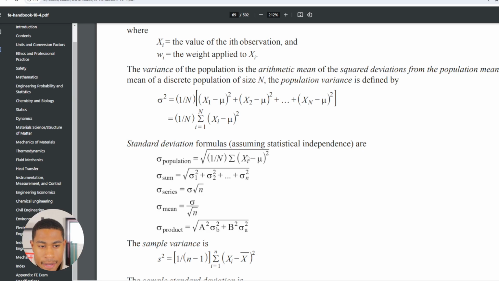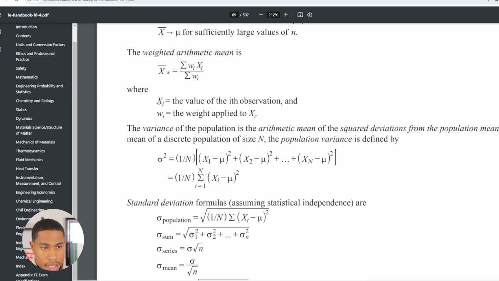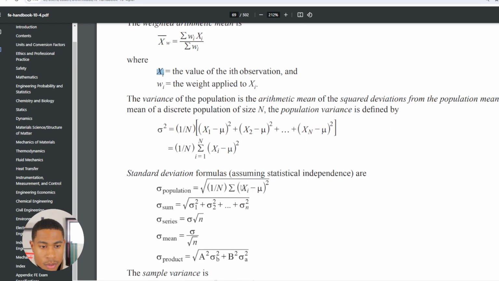you're going to have your sample xi. xi represents the value of the observation. So like in the example, let's say the average touchdowns thrown is going to be 10 touchdowns. So that is going to be my mu here. And then xi is each individual quarterback's touchdown amount.